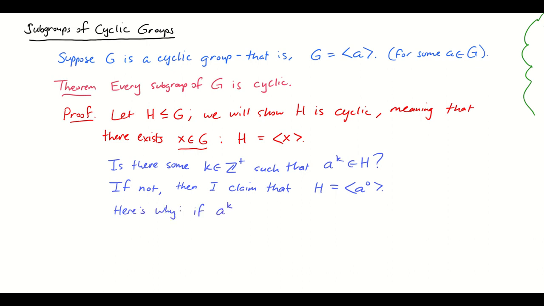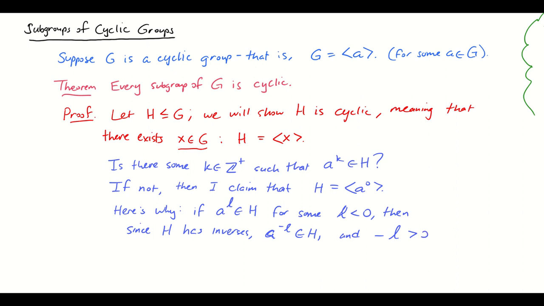If A to the K, let's not use K, let's use some other letter, A to the L belongs to H for some L less than 0, then, because H has to contain inverses, it's a subgroup, A to the negative L also belongs to H. And negative L is greater than 0. Okay, and I claimed already that there is no positive integer K such that A to the K belongs to H.